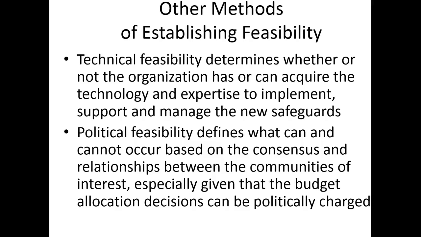And then sometimes we have political feasibility, which can define what can occur based on the consequences and relationships between the communities of interest, especially given that the budget allocation decision can be politically changed. So that's another thing that you need to take into consideration, the political environment.